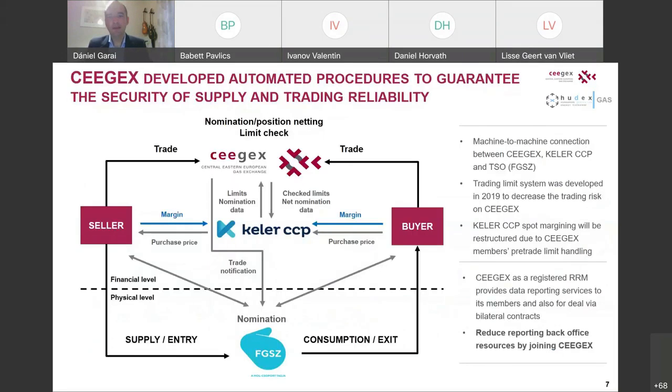A little bit about the clearing system. One of the big value added of an exchange, like I said, is the CCP behind, and the clearing behind. This is provided by KELER CCP. There is a machine-to-machine connection between CEEGEX, KELER CCP, and the TSO, which makes it more comfortable and automated for the traders, who basically don't have to deal with many of these data exchanges, because it's automatically done between the three participants here.